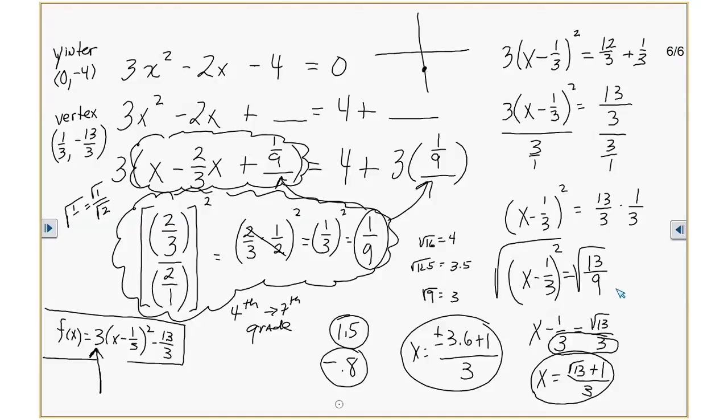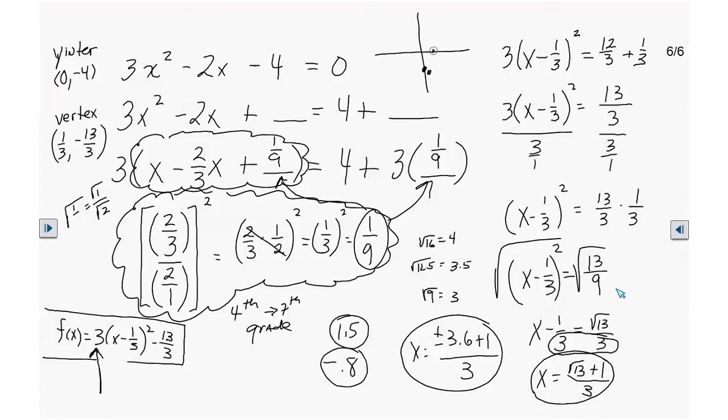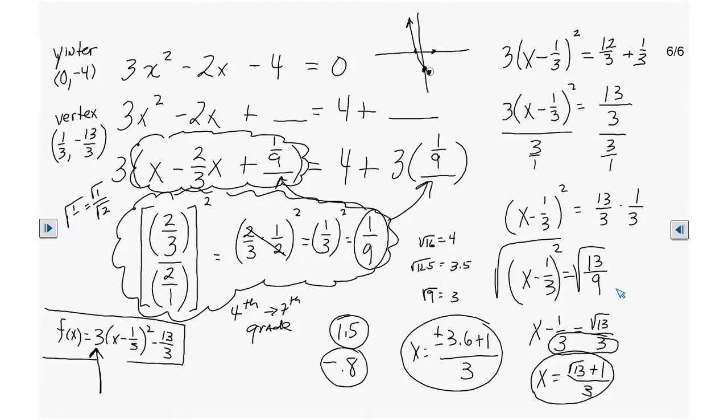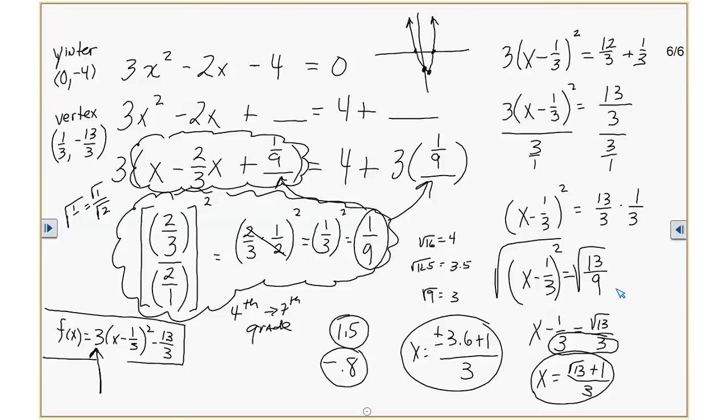Vertex is (1/3, -13/3). And where are my x-intercepts? 1.5 and -0.8. That's what it looks like.